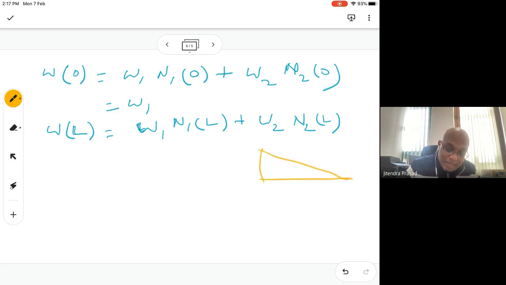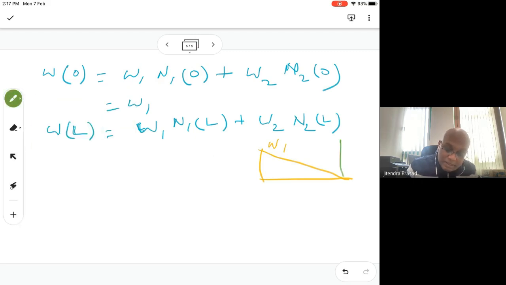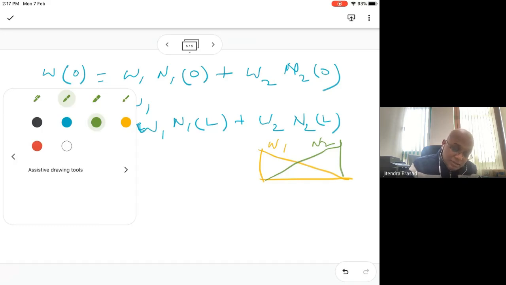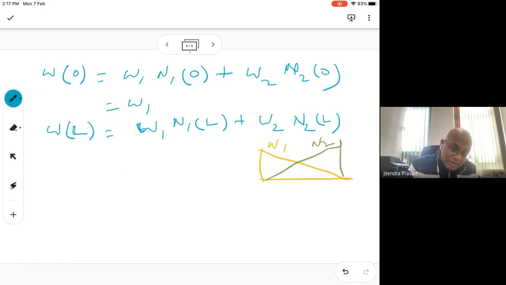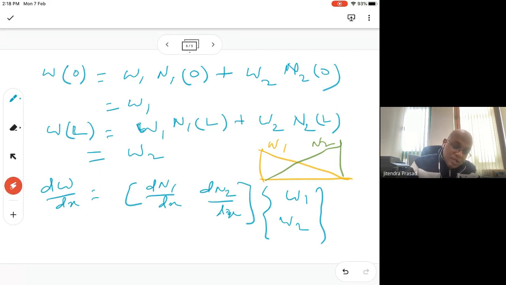This is N1 and this is N2. So it is equal to w2, and similarly dw/dx equals dN1/dx, dN2/dx multiplied by w1, w2.